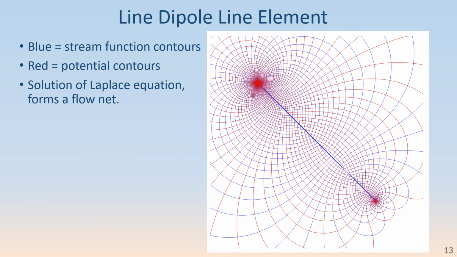A line dipole element is the result of integrating a point dipole along a line with a dipole oriented parallel to the line, as opposed to a line doublet where it's perpendicular. There is no net discharge both of a dipole and of this line element, and this one creates a discontinuity in the stream function, which is blue in this image, but the potential, which is red, is continuous.